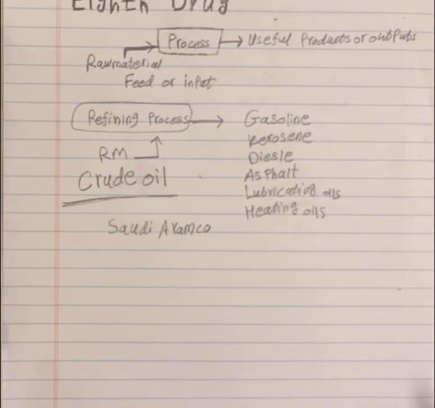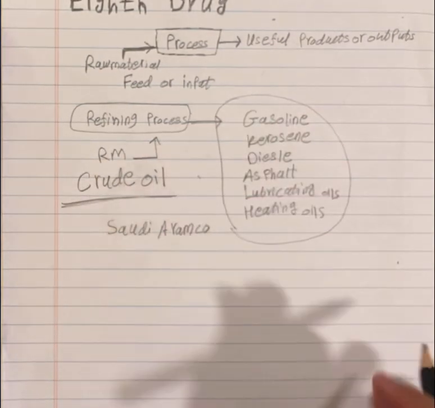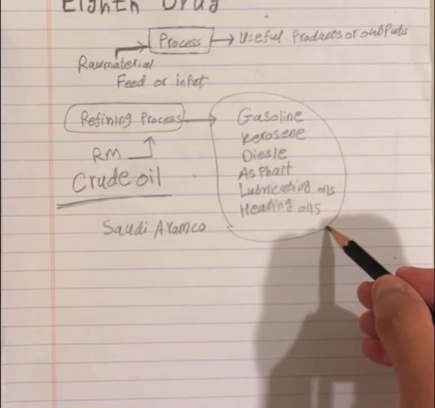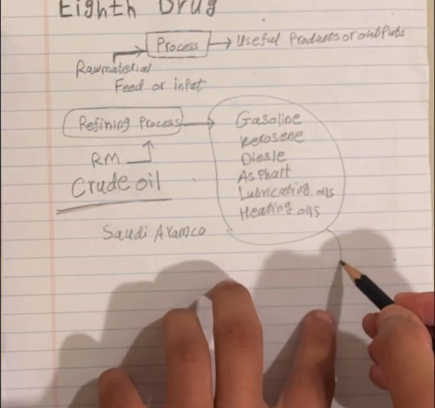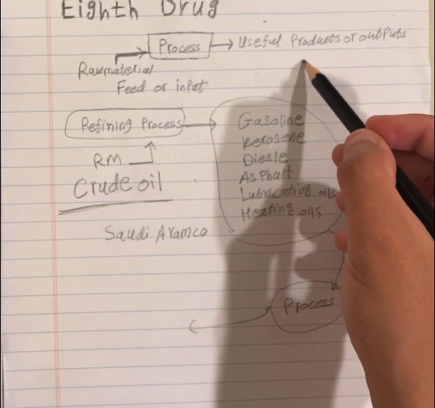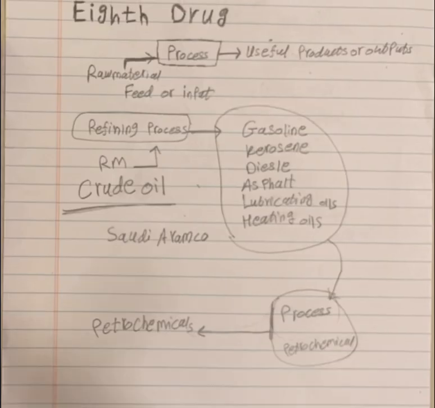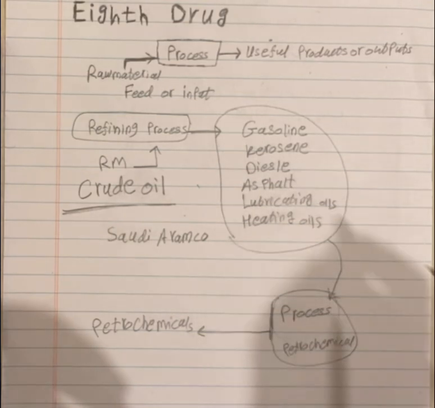What is the next step now? The next step is taking all of these products and then put them into another process. The product, as we know here, product or output, is or are petrochemicals. And this is, by the way, another important process that is used extensively in industry, because it's just the following step.